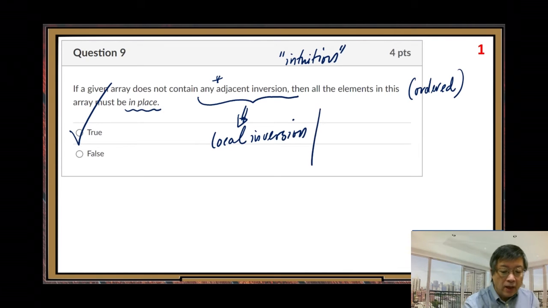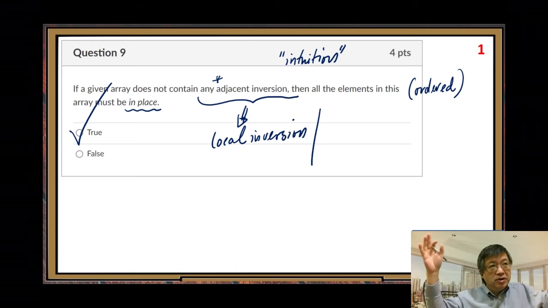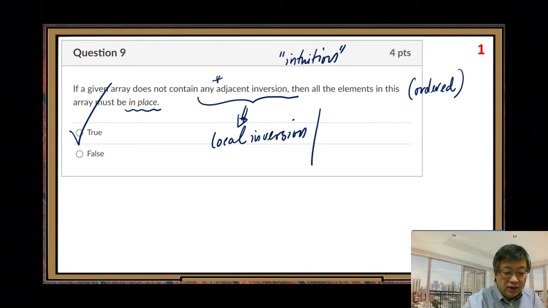Then another possibility is global inversion: any two elements in the array. Local means adjacent. These two concepts, local and global inversion.